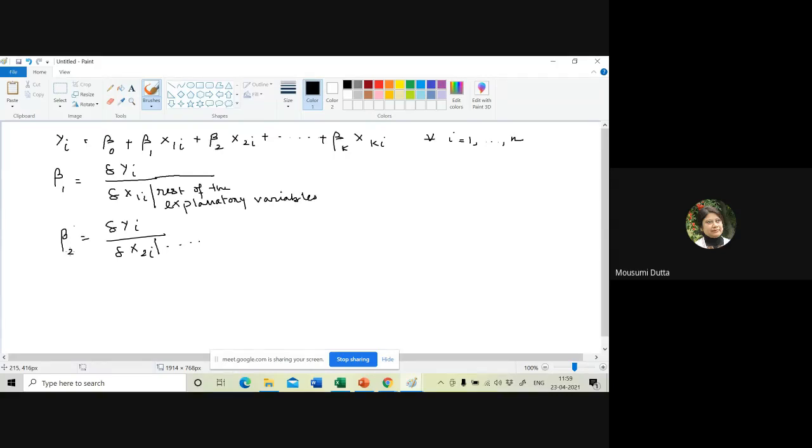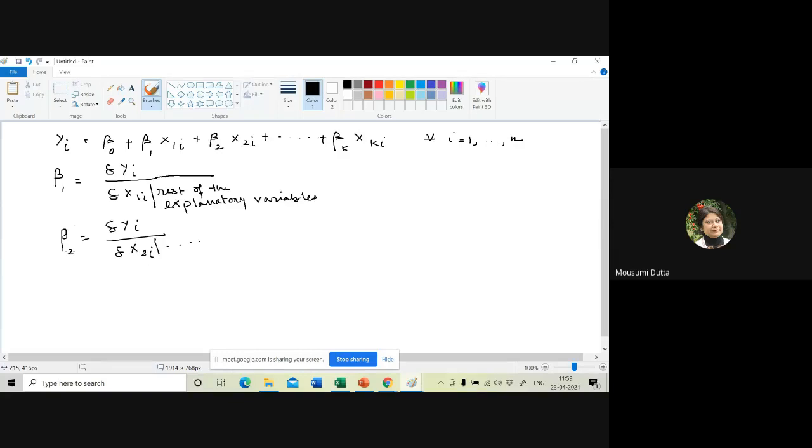Given the rest of the explanatory variables, how the variation in yi will be explained by the variation of a single explanatory variable. So if these are the concepts of the regression coefficients, beta 1, beta 2 to beta k, I hope you are understanding, all of these regression coefficients are basically associated with the notion of the partial correlation coefficient. Partial correlation is exactly doing this job.